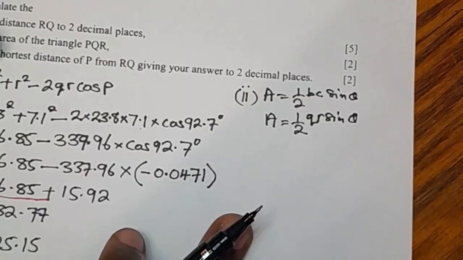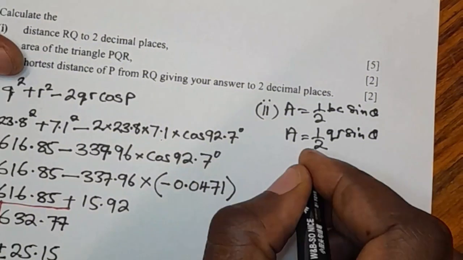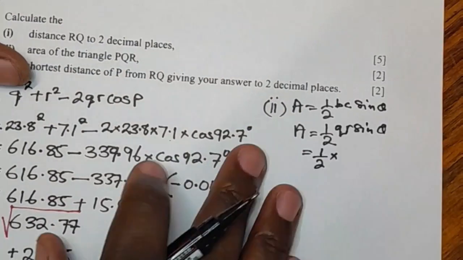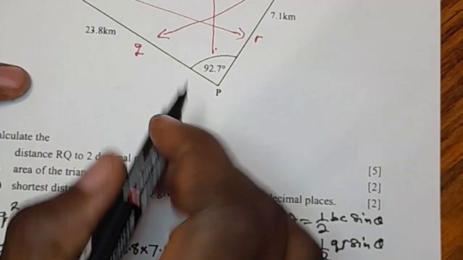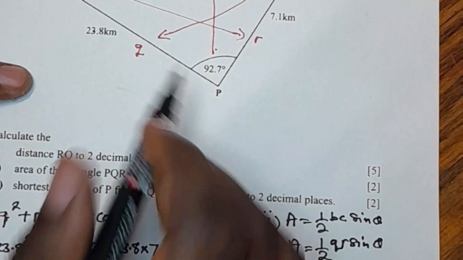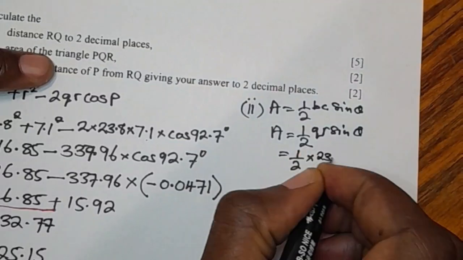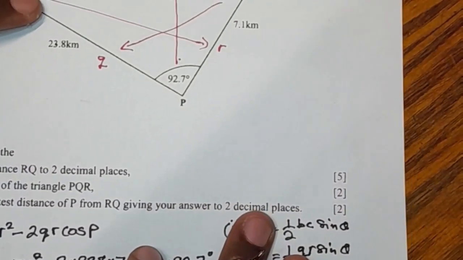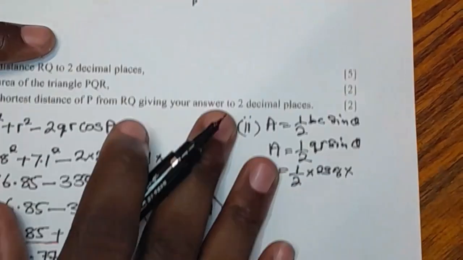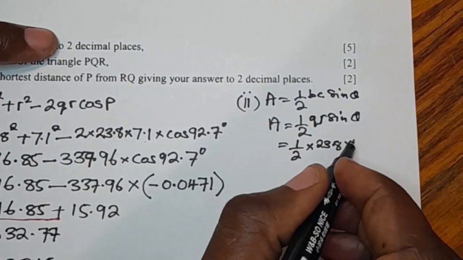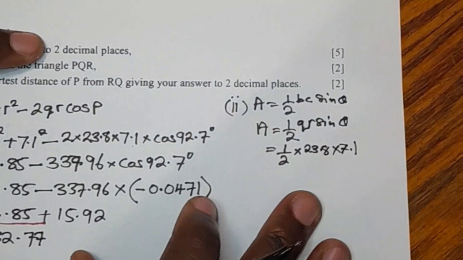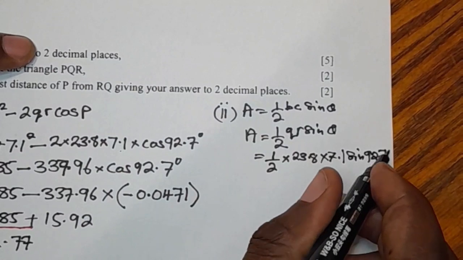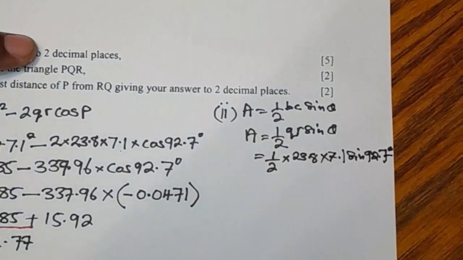So we proceed and say area is equal to 1/2 times Q. We found that Q is 23.8, so we have 23.8 times R. R is 7.1. Then sine 92.7 degrees.